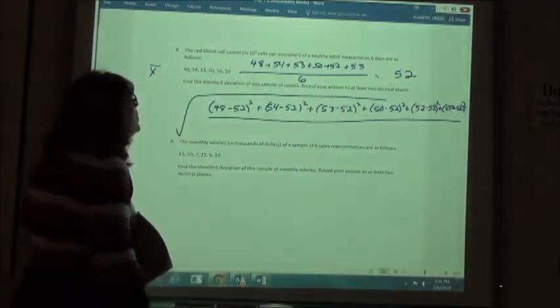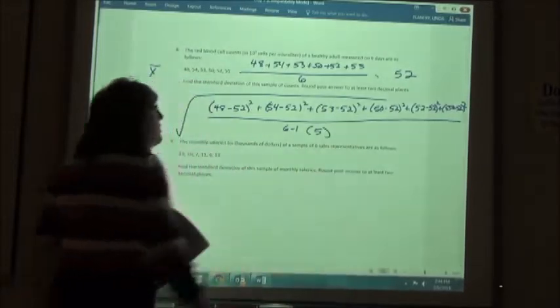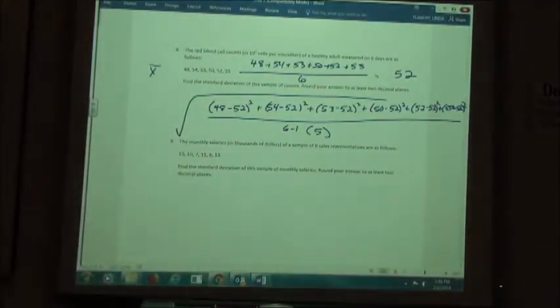On the bottom, we're going to use n minus 1, so 6 minus 1 again, going to be a 5 on the bottom of our fraction.